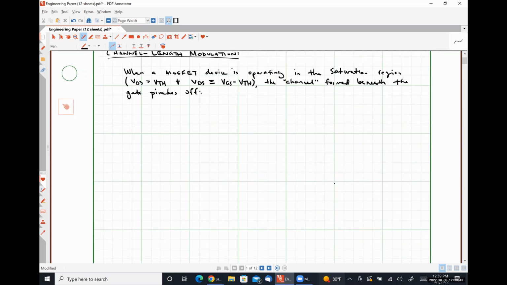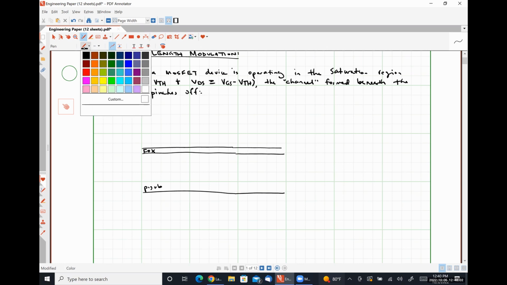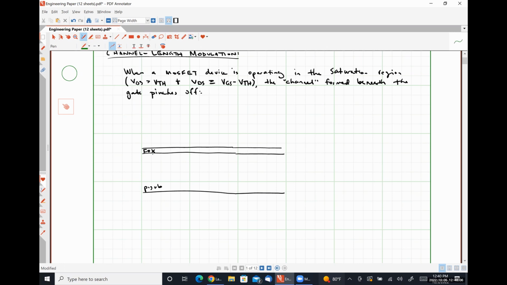And so a stylized look at this would be something like this. Here we have our P substrate, field oxide layer. Let's make this longer so that I can make the channel long enough to look at. Here's our body connection.